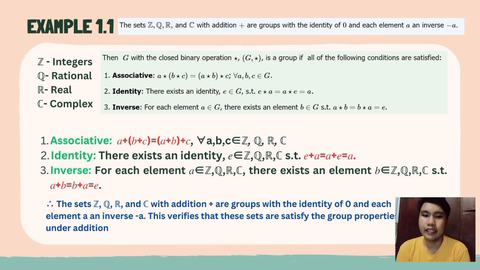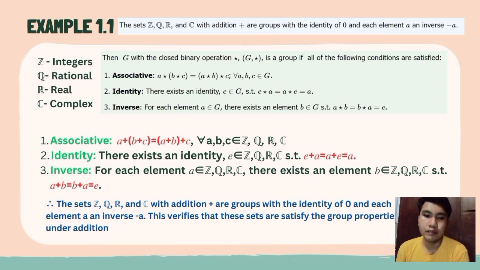First, associative: a plus the quantity b plus c is equal to the quantity a plus b, plus c, for all a, b, c that are elements of integers, rational, real, and complex. For the identity, there exists an identity e that is an element of integers, rational, real, and complex, such that e plus a is equal to a plus e, which is equal to a.